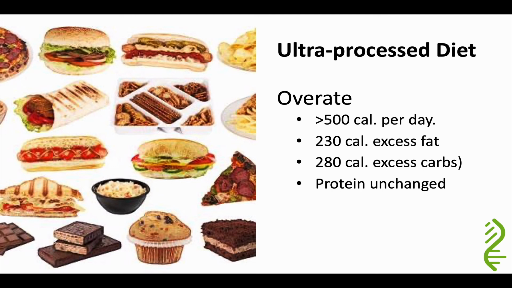And again, think about it. Fat and carbs are what our body really goes to for energy. Protein is there for building, growth, and maintenance requirements. It's not really eaten for energy. So our brains seem to be designed to overeat foods that provide energy. And so we overeat the fat and we overeat the carbs, that 500 calories per day.